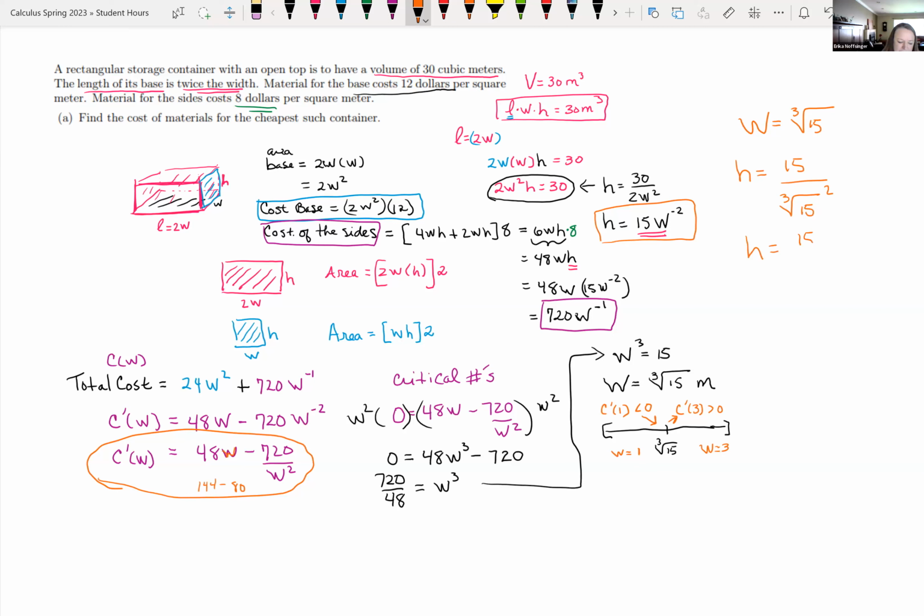Notice these have the same base. So using rules of exponents, my height is going to be 15 to the 1 minus 2/3. So 3/3 minus 2/3 is 1/3. Or h is also equal to the cubed root of 15.